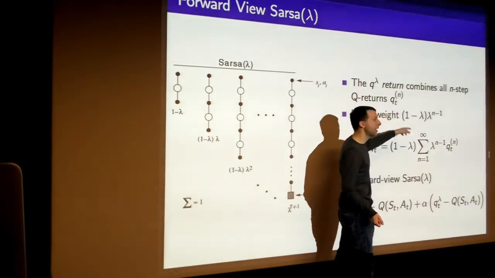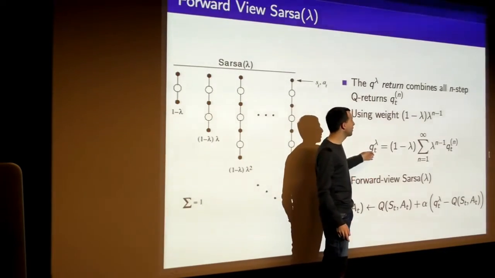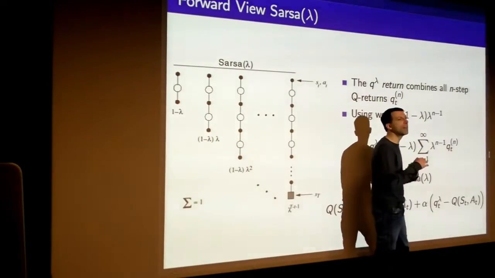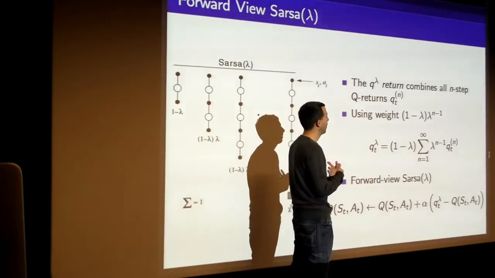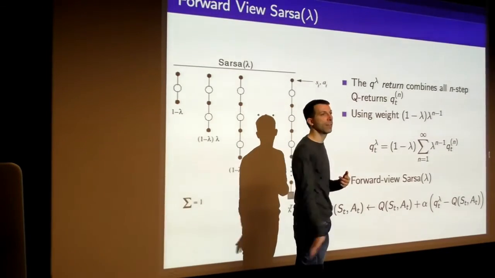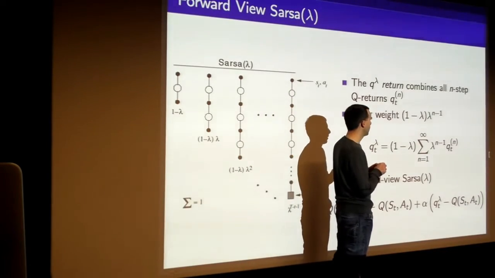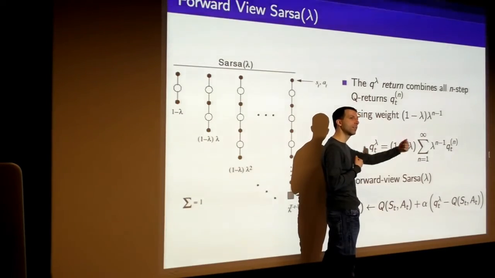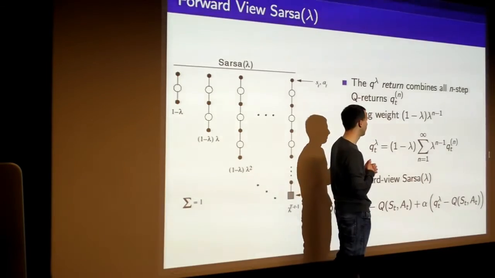It's just the normalizing factor there. So when we make this lambda return, it's a way to average over all of our n-step returns that is, A, computationally convenient, and B, takes account of all different n. And it has this lambda parameter that we can tweak, which makes us either more or less far-sighted in terms of how much we prefer large n or short n.